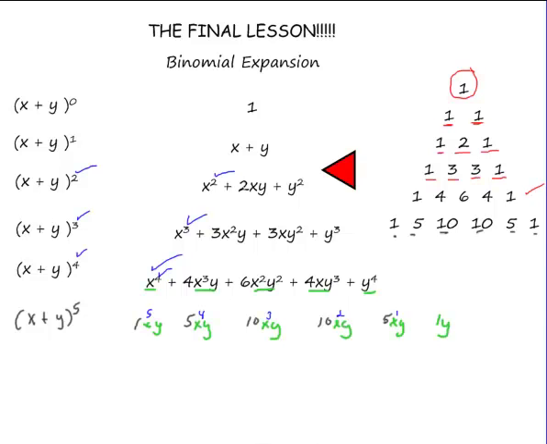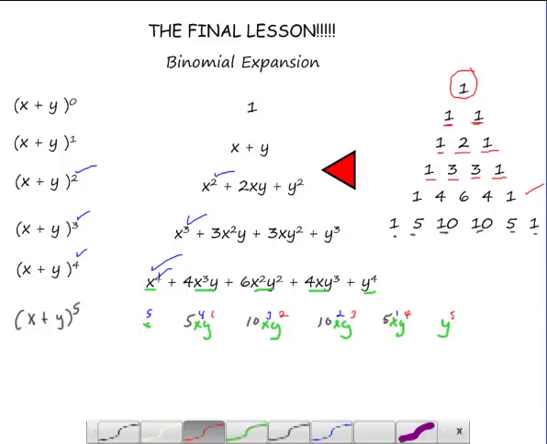My y's go up. 0, 1, 2, 3, 4, 5. And once again, anything to the 0 power is 1, so I can get rid of this. Technically, I don't need my coefficients of 1. And there, I just expanded.